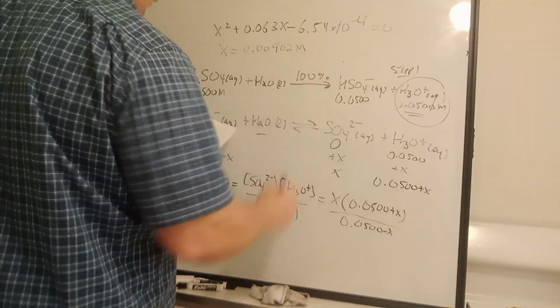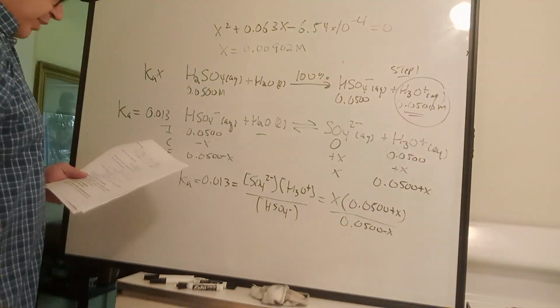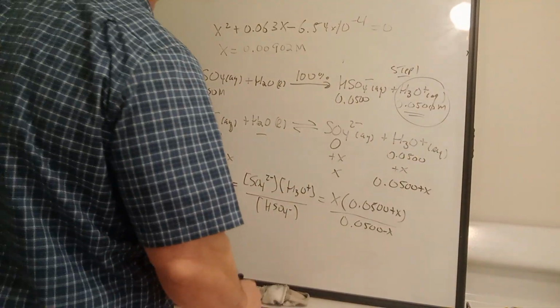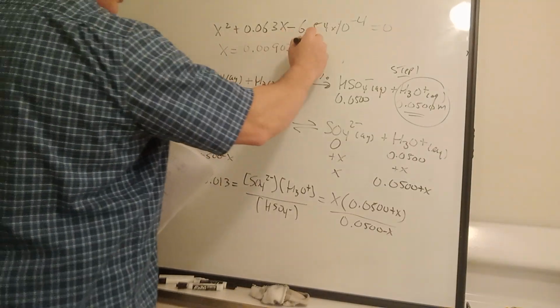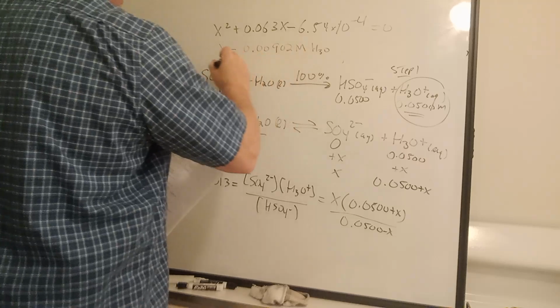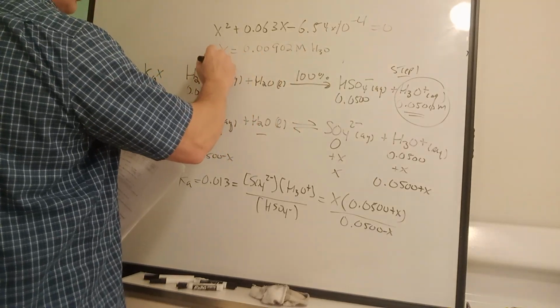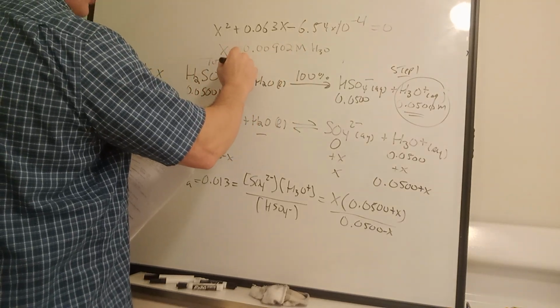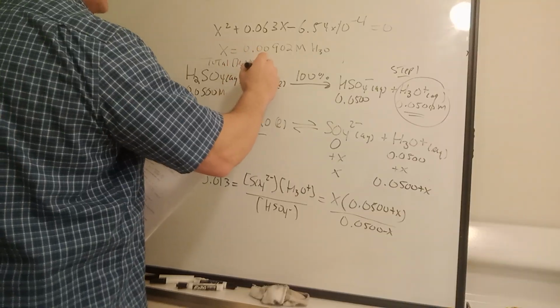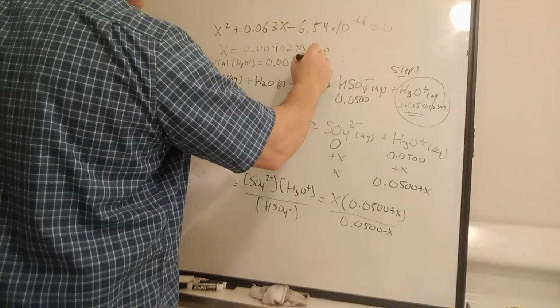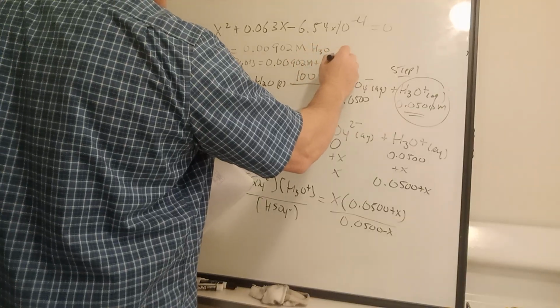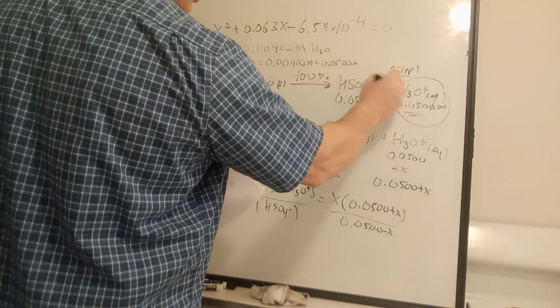Solve this out yourself. The big mistake here is people don't add. When you're doing the pH, you have to add the total. That's going to be the hydronium ion concentration. You have to add total H3O+ is equal to that number plus the 0.0500 molar from step 1.